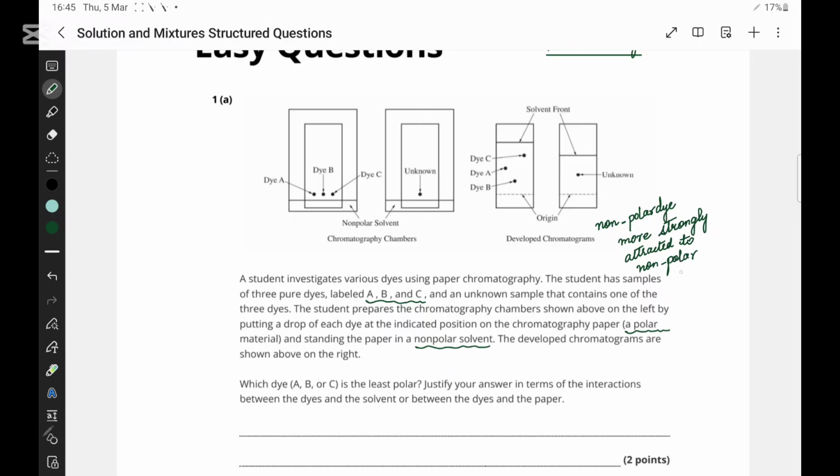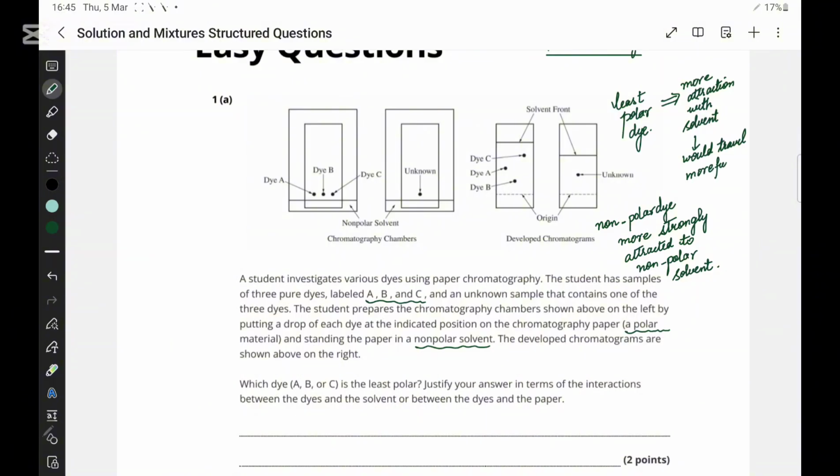The dye which is most non-polar, or least polar, would travel further. The least polar dye is going to have more attraction with the solvent and would travel further.